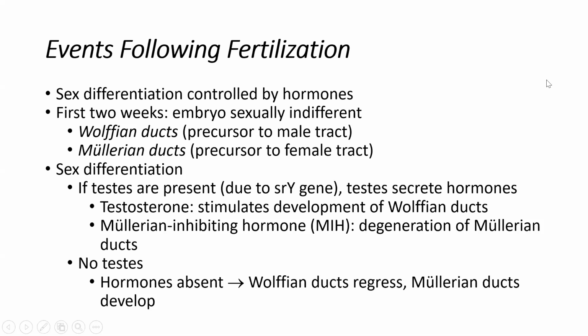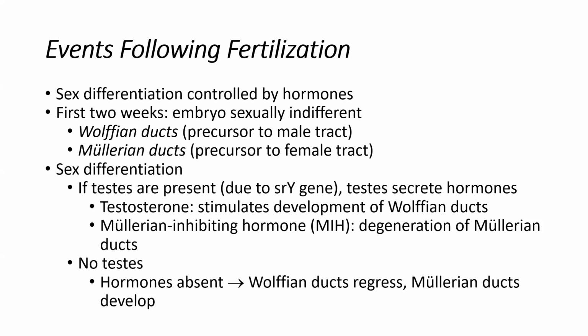So if the testes persist, and remember, the persistence of the testes is dependent upon that SRY gene. If this embryo has a Y chromosome, then they're going to have the SRY gene. The SRY gene is going to code for that TDF, the testis determining factor, and that is going to allow the development of testes. Once those testes begin to develop, they're going to secrete testosterone.